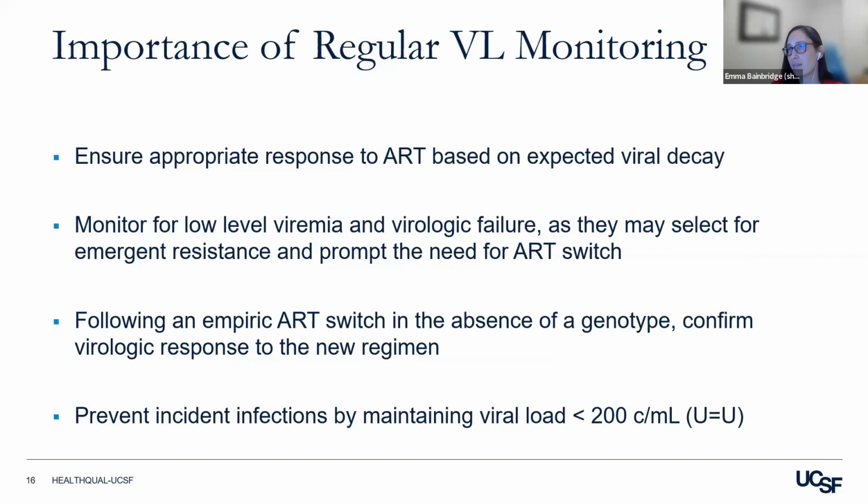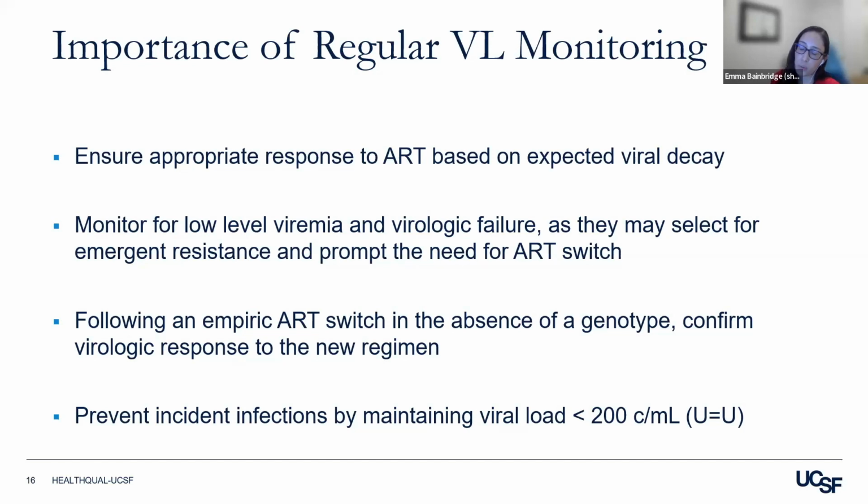So you may not even have to get a viral load after a couple weeks to really see that, but I guess the opposite scenario would be if you start someone on ART and their viral load is 100,000, you would expect their viral load to drop 2 logs, right? So down to 1,000 within a few weeks.